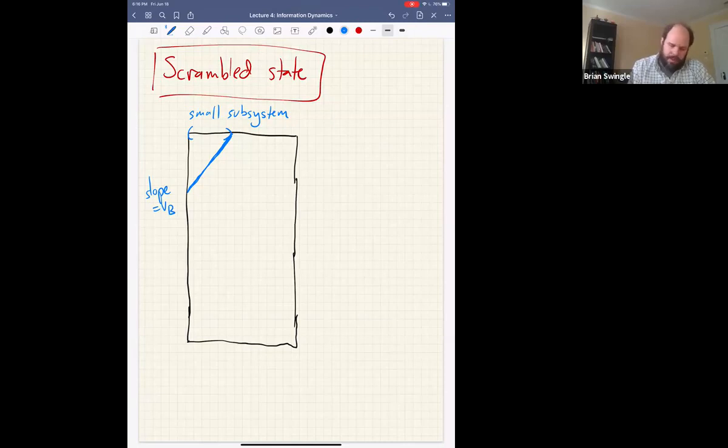Right? Then there's a corresponding complementary large subsystem. Its minimal membrane is actually the same as the case for the small subsystem, because they have the same entropy.